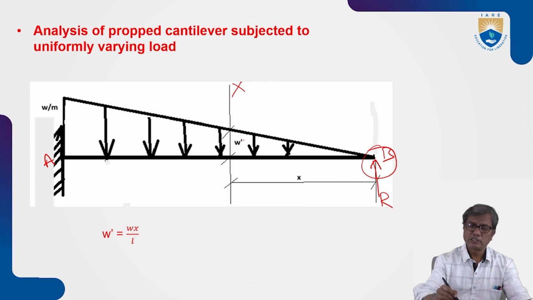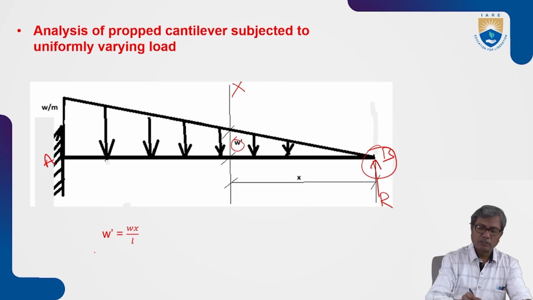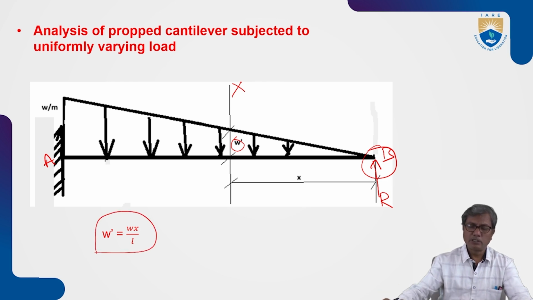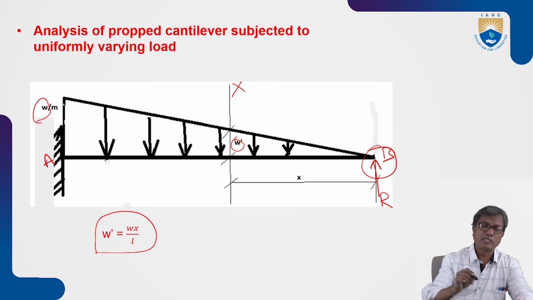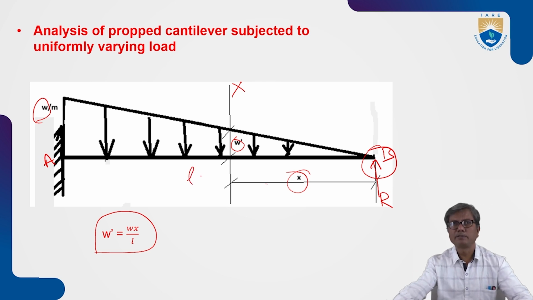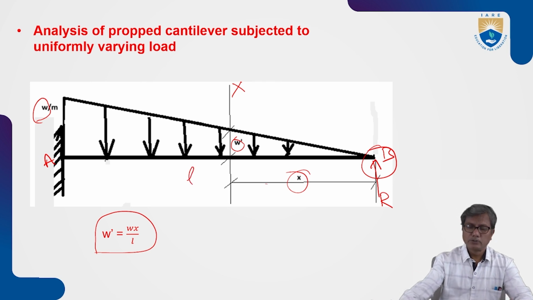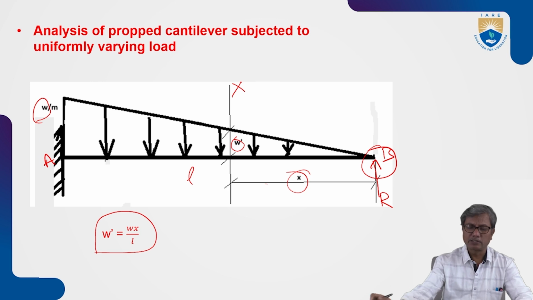Here the intensity at this section is taken as W dash, which can be found out to be Wx by L, where W is the intensity at the fixed end, x is this distance, and L is the span of the beam. By applying the similar triangle property, or by simply interpolation, we get this value of W dash.